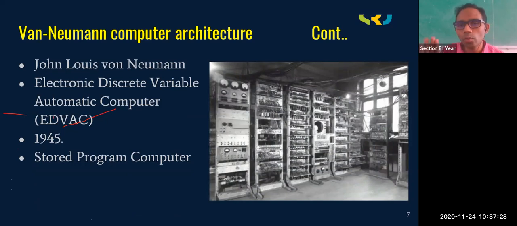Nowadays we have tiny mobile phones in our hands. That is also a computer. And coming to the first architecture, that is John Von Neumann computer architecture, this is the machine. So this machine represents that system. It has huge components, huge wiring, and it requires cooling systems, etc.